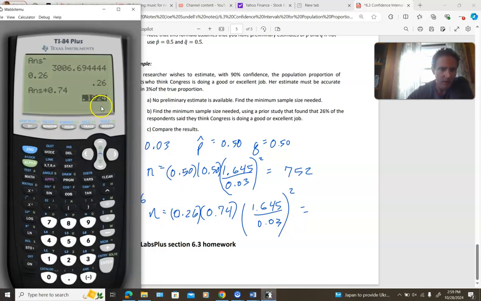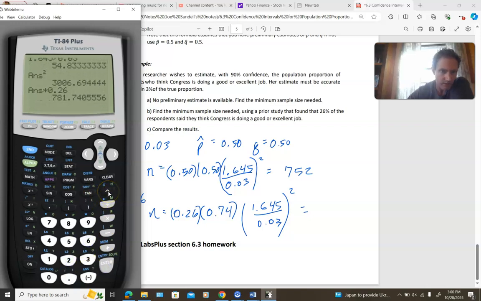Let me try this again. So 1.645 divided by the margin of error. And I'm going to square this. Well, that is the same as we got earlier. Okay, so we'll multiply this by 0.26.